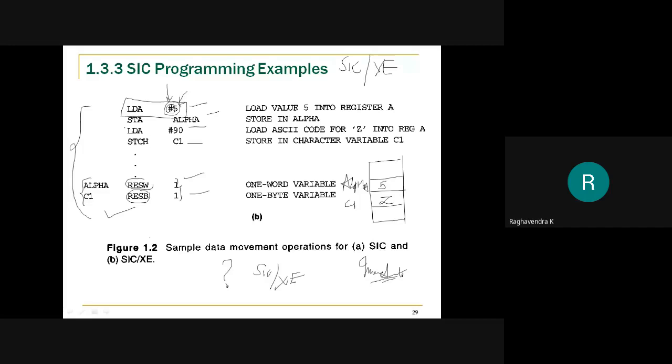Got it? So load into accumulator the value of 5. We already know how this instruction is going to be executed. Once 5 is loaded into the accumulator, then as usual we are supposed to move the value 5 into memory location alpha, which we are doing by using the instruction STA alpha. Got it?